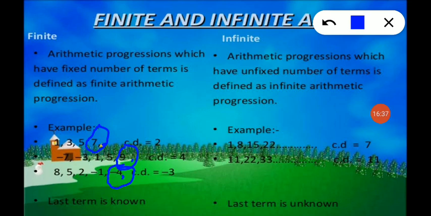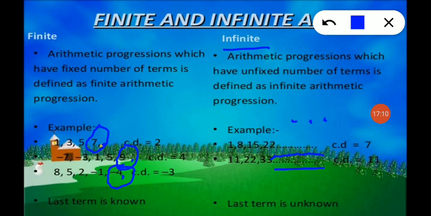The main difference between finite and infinite AP by looking is that when you look at an infinite AP, there will be continuation, which means dot dot dot will be given. If dot dot dot is given, it means that it is in continuation, whatever numbers are written there are incomplete, and hence we can say it is infinite.